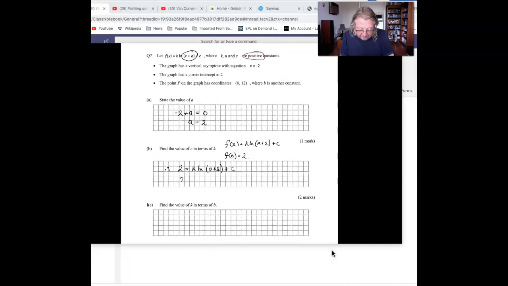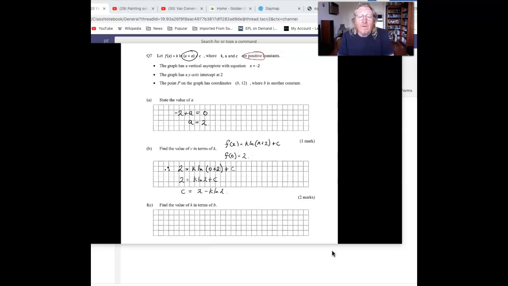So that gives us 2 = k log 2 + c. So c must be equal to 2 - k log 2. So now we have c in terms of k.